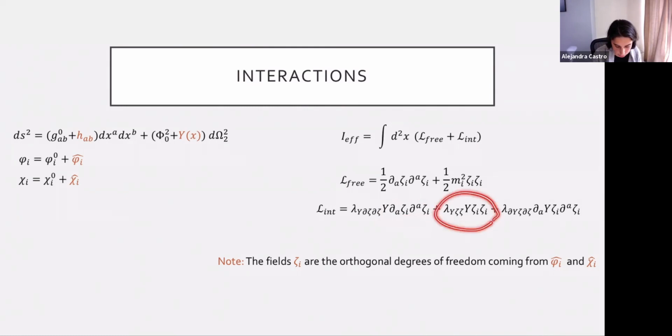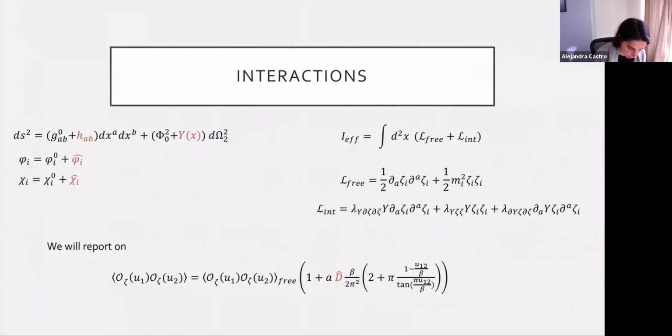You can have the simplest one, Y times two zetas, but of course, because this theory has derivatives as well, there can be derivative interactions, like the kinetic terms in supergravity, which are not always minimal. Okay, but in any case, the end point is that there's an effective cubic coupling in this construction. Very good. Now, what am I going to do with those interactions?